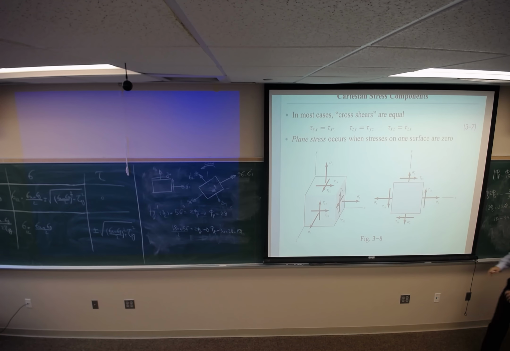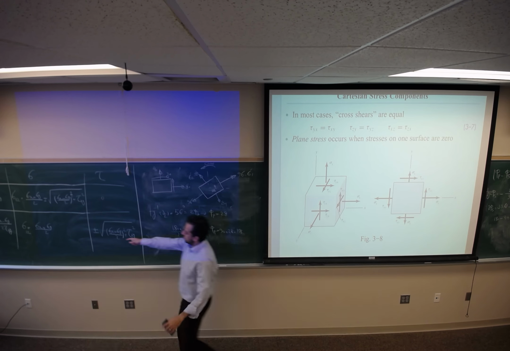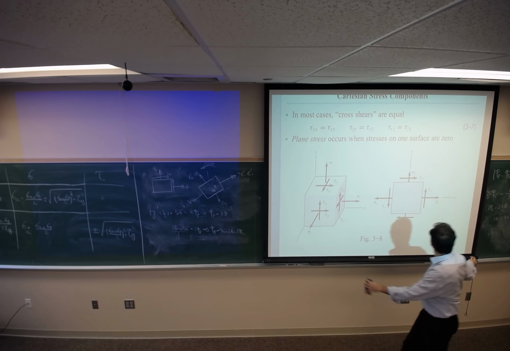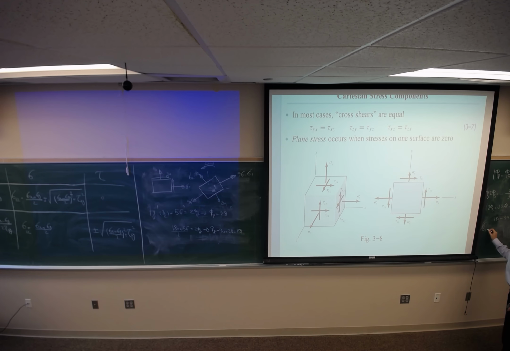So what would be the normal stresses at this plane? Sigma s at 1 and 2 is going to be sigma x plus sigma y divided by 2. 80 plus 40 divided by 2 is going to be 60.